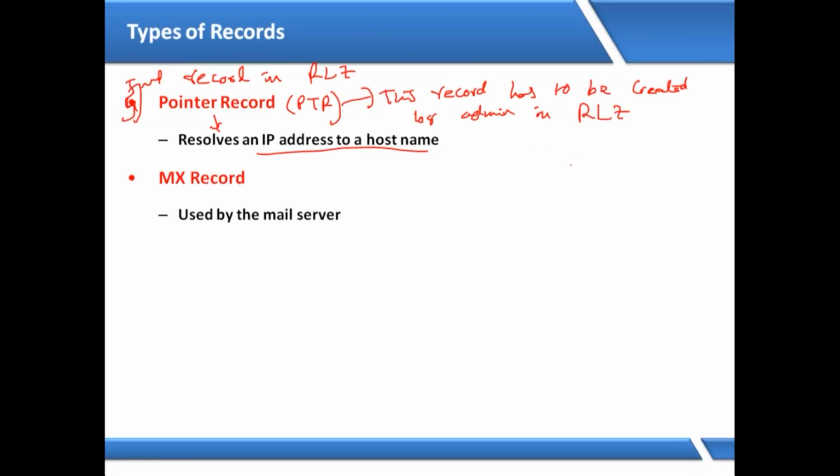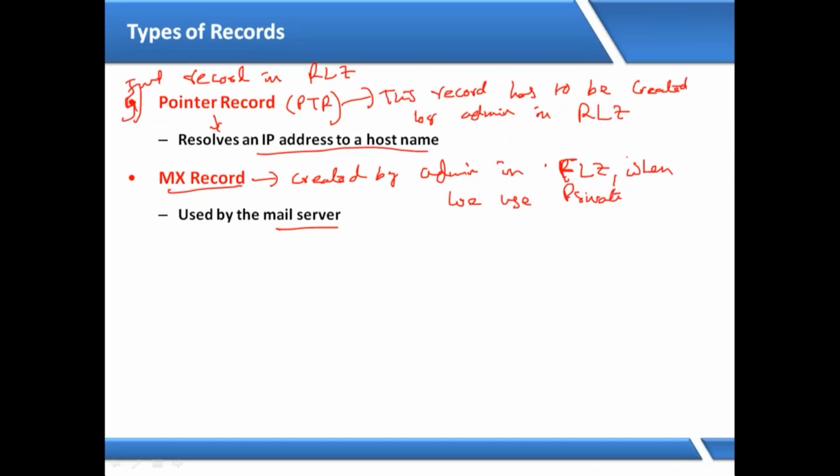And then the MX record. It is used for the mail server. So it has to be created by the admin in the forward lookup zone when we use our own private mail server.